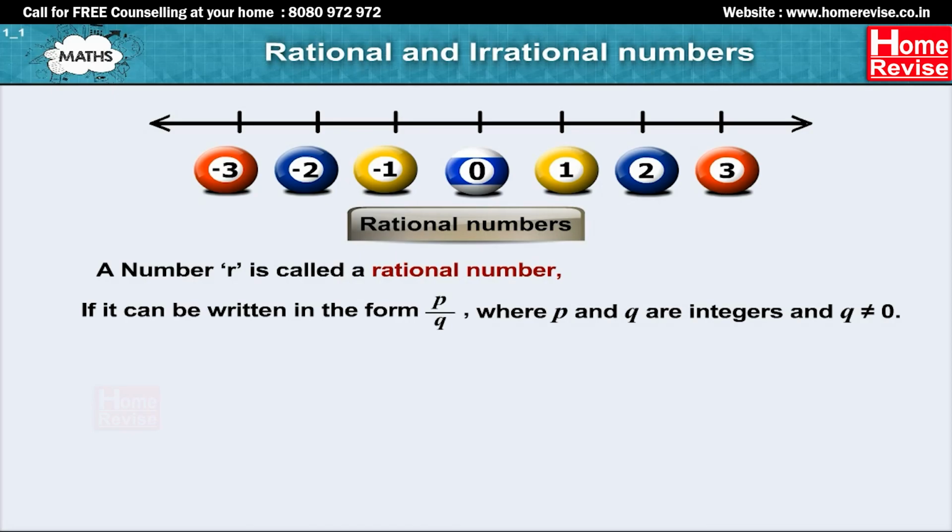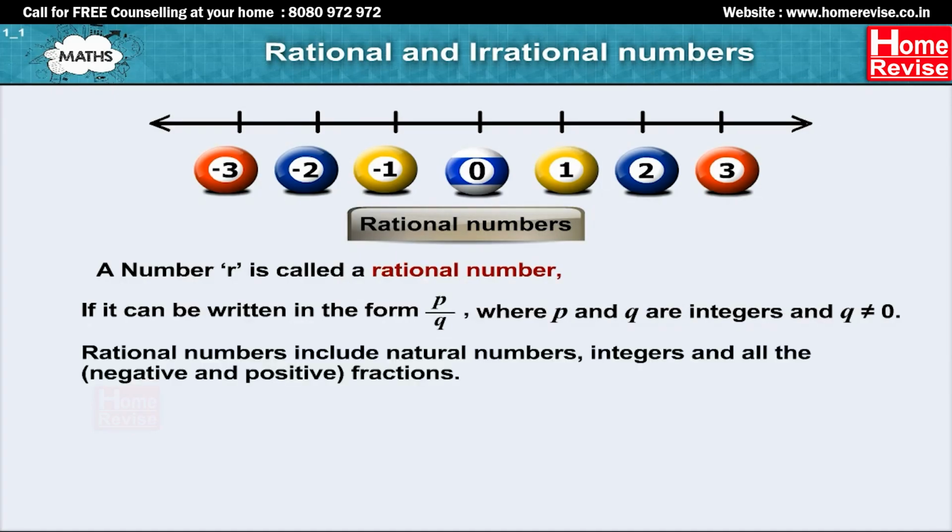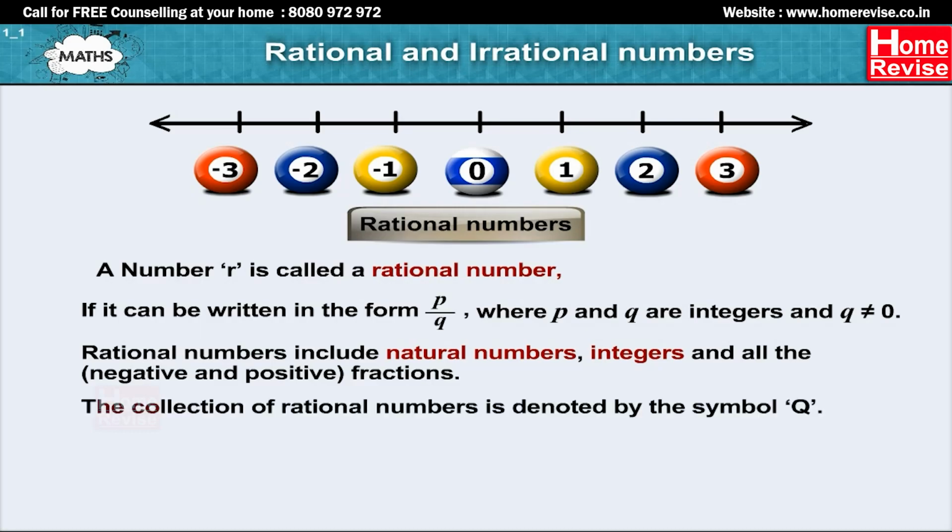Rational numbers include natural numbers, integers, and all the negative and positive fractions. The collection of rational numbers is denoted by the symbol Q.